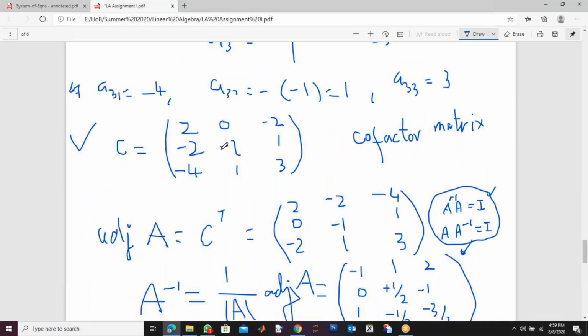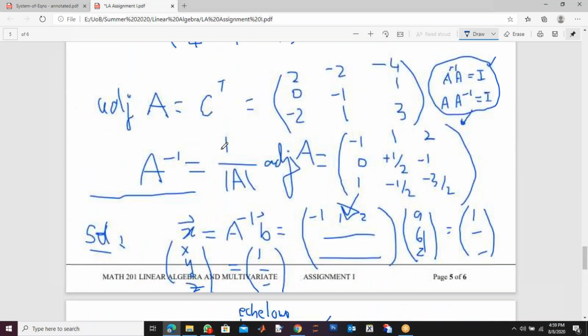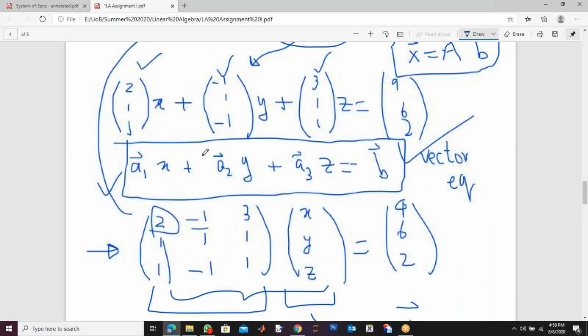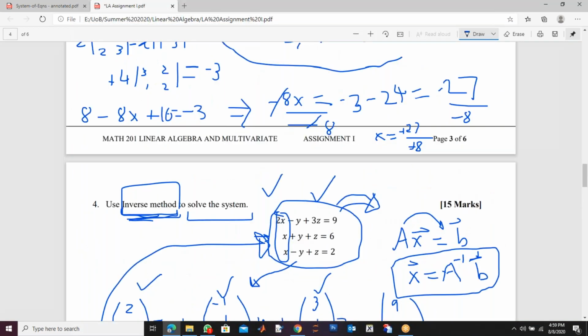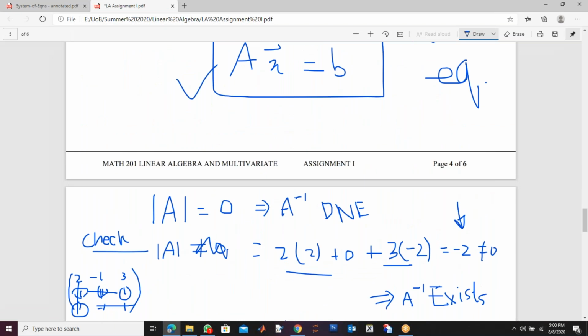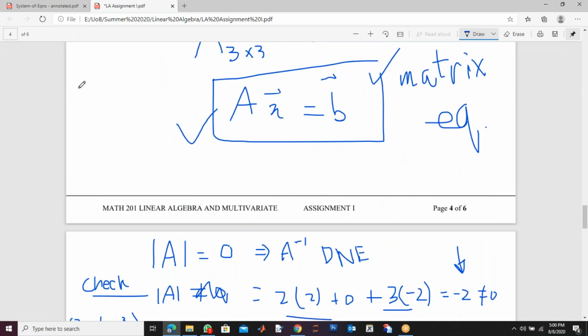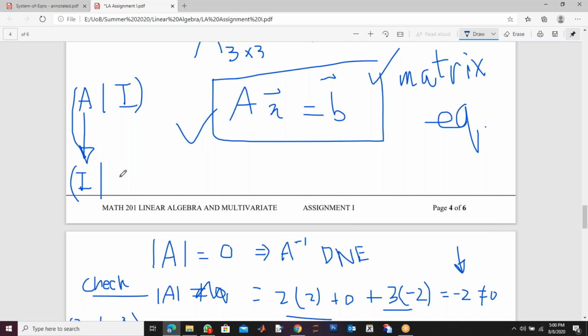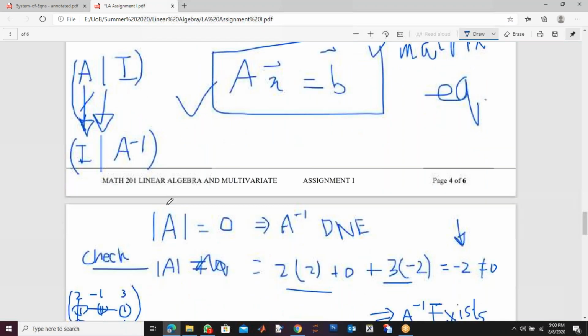There is another way of finding A inverse, which I wrote at the beginning: writing A and writing the identity matrix with it, and then using row operations to convert A to identity. Use the same row operations on identity, and you will get A inverse. So it's your choice whether you want to use this algorithm, or you want to use the cofactor matrix or adjoint matrix.